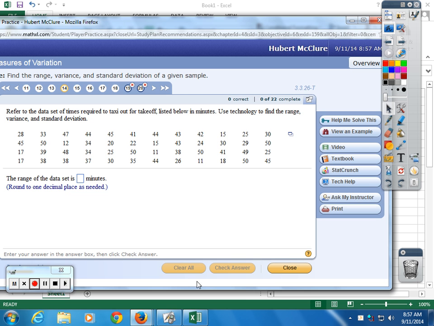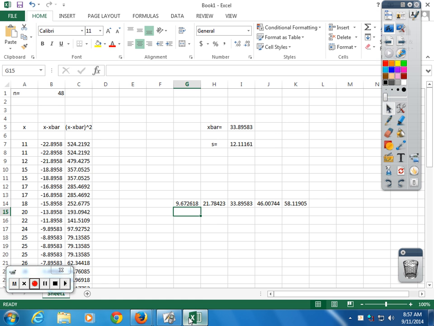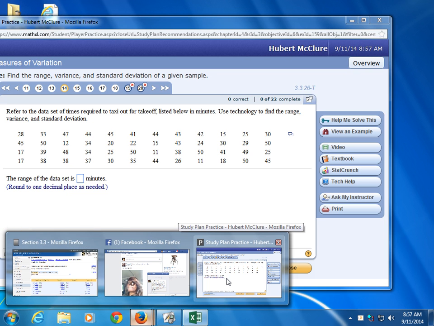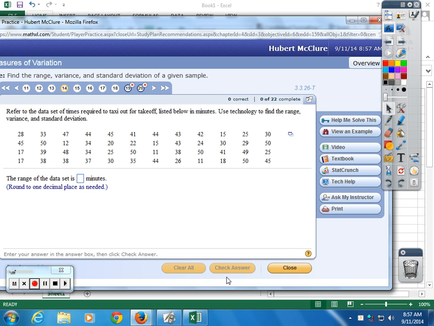All right, now let's go back to the spreadsheet. What are they asking for on this problem? I'm going to show you. What's the range? Somebody tell me what the range is. 39? Okay, variance. All right, what's the variance? Square that number for me. What do you get?